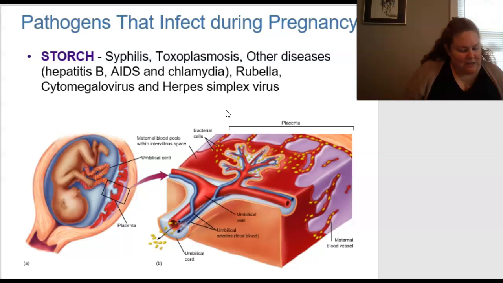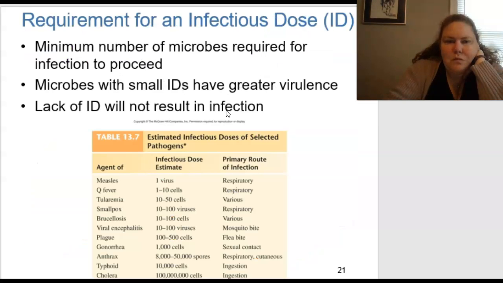So again, STORCH stands for syphilis, toxoplasmosis, other diseases such as hepatitis B, AIDS and chlamydia, rubella, cytomegalovirus, and herpes simplex virus. The most serious complications of STORCH infections are spontaneous abortion, congenital abnormalities, brain damage, prematurity, and stillbirths. Okay, so just be aware of those.